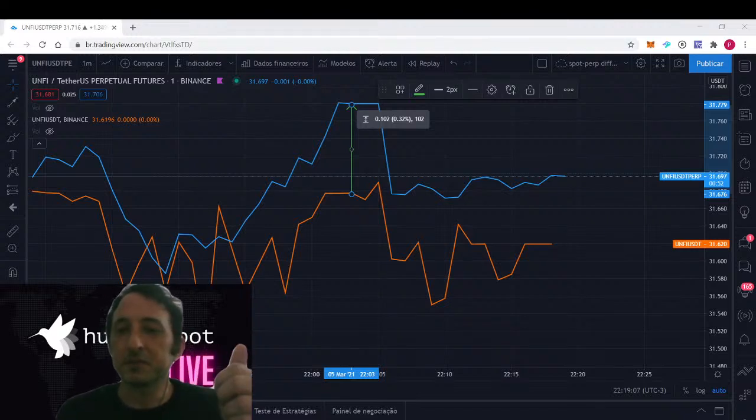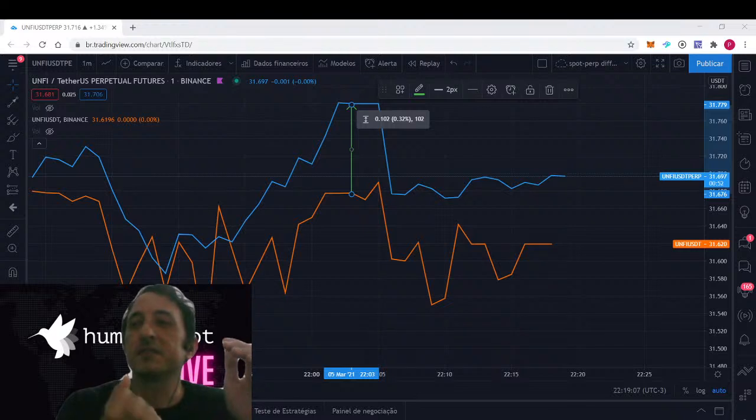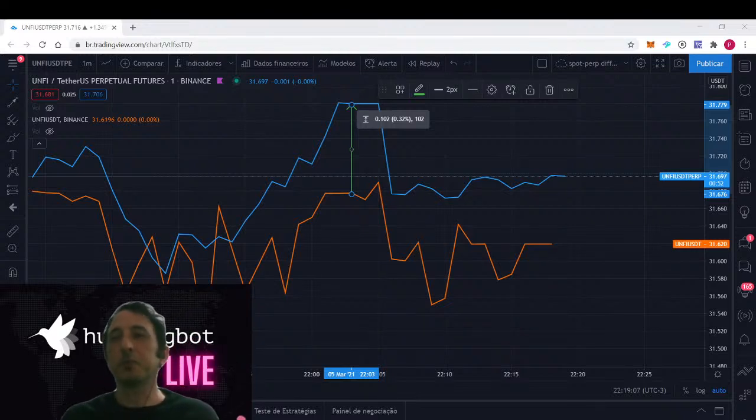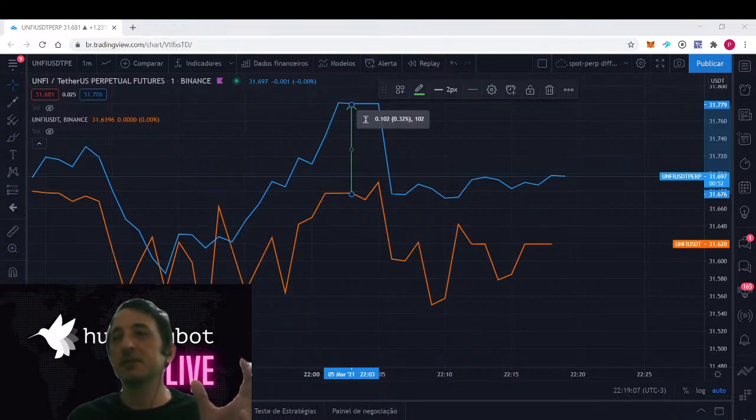For example, if you set 100 USD and your leverage is 10x, on the perpetual side you open an order of the size of $10, right? So it's proportional to the spot size.